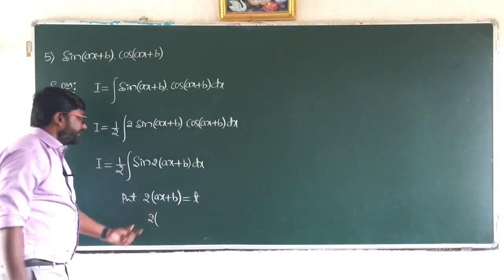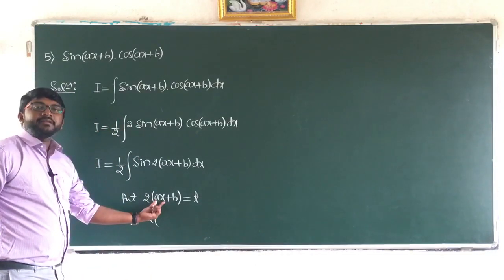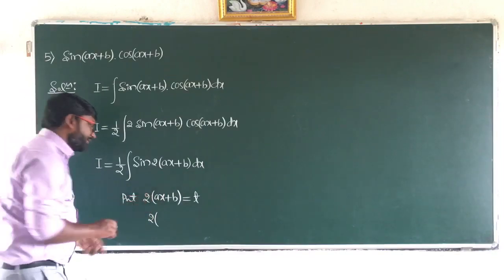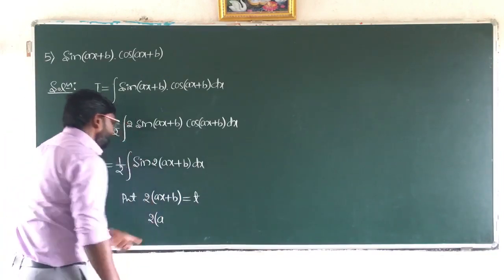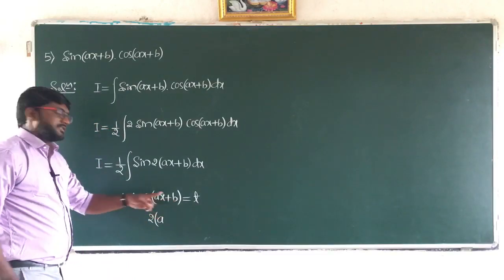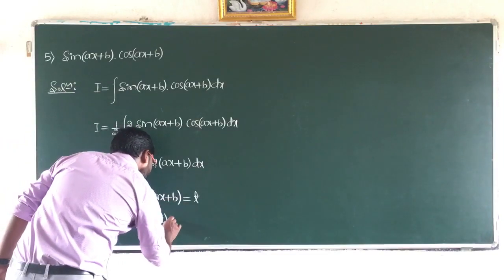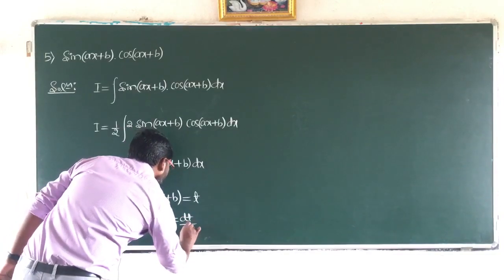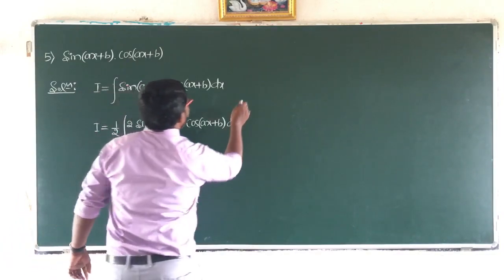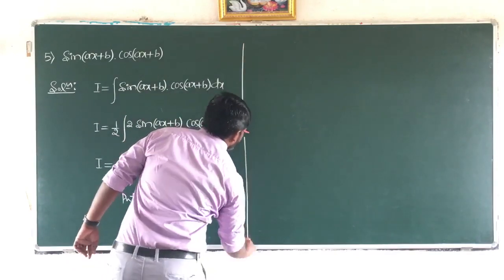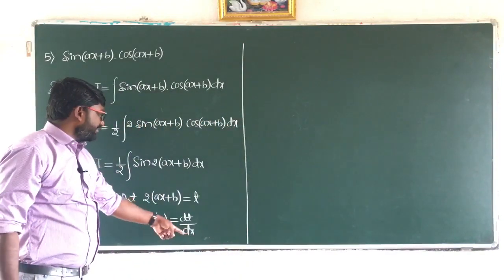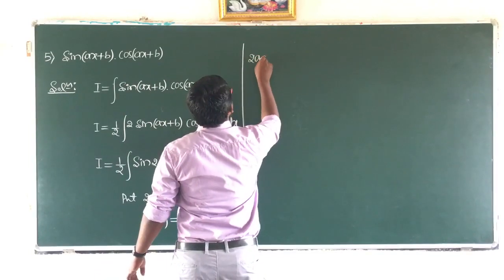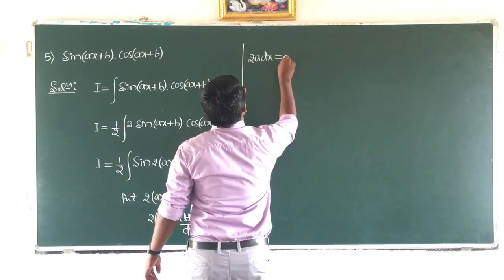Then inside, the derivative of ax will be a, because a is a constant and the derivative of x will be 1, so it is a. Then the derivative of b will be 0. So it is 2a, which is equal to dt by dx. So now take dx to the LHS, it becomes 2a dx, which is equal to dt.